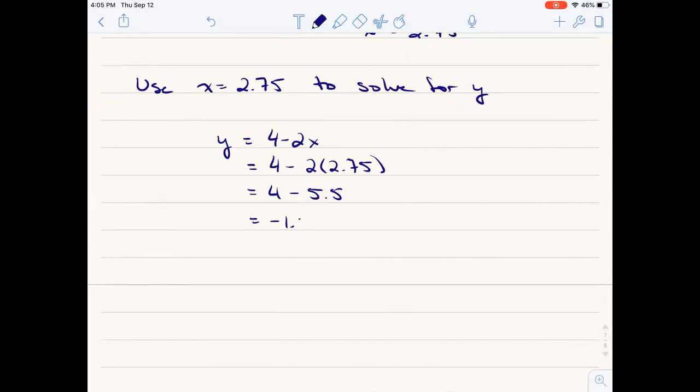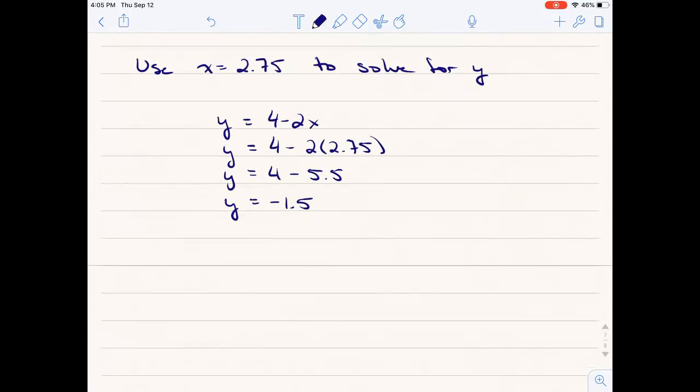I get negative 1.5 for y. Okay. So that means when x is 2.75 and when y is negative 1.5, that's where we're at equilibrium.